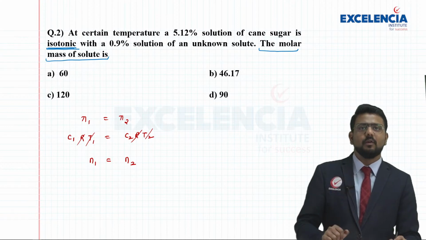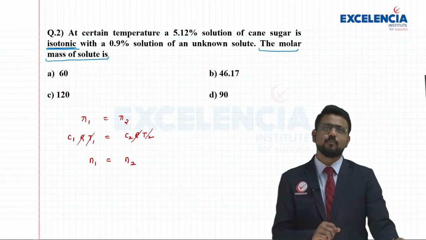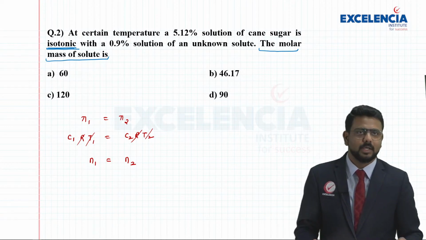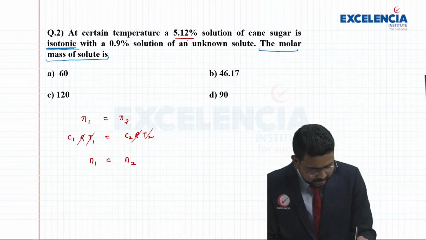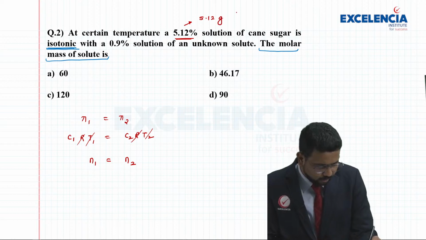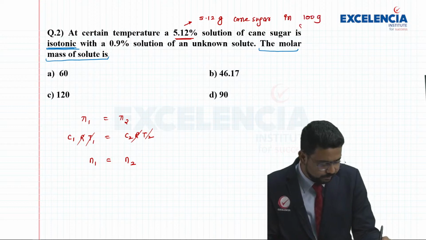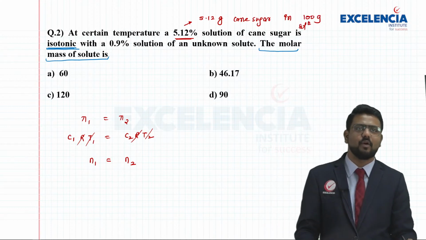They are saying it is a 5.12% solution of cane sugar. What does it mean? It means 5.12 grams of cane sugar is present in 100 grams of the solution. Simple, straightforward. Yes or no?